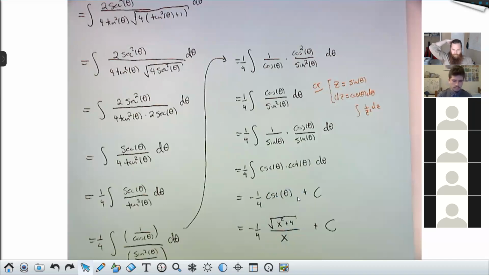They are equivalent as long as you stay within the appropriate domain. The domain, the set of all x values for which this is a valid function, is different than the set of all x values for which negative 1/4 cosecant of inverse tangent of x over 2 is defined.